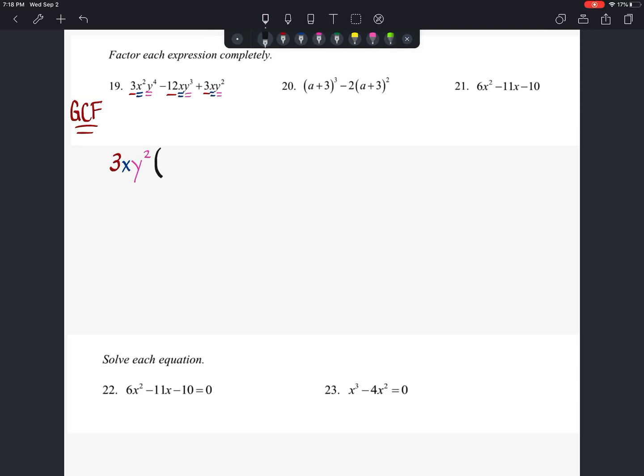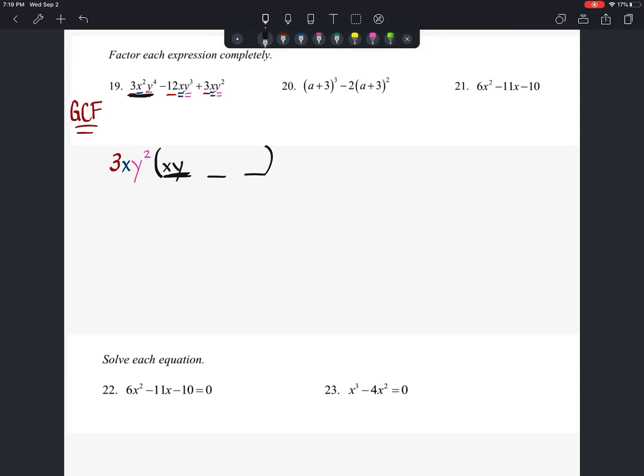So we will pull that out and ask, what's left over? Remember, we had 3 terms, so we're still going to have 3 terms here. You don't lose the number of terms when you do this. Well, 3xy squared times what equals 3x squared y to the fourth?